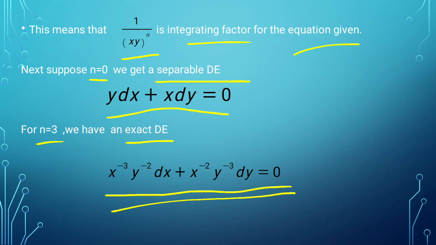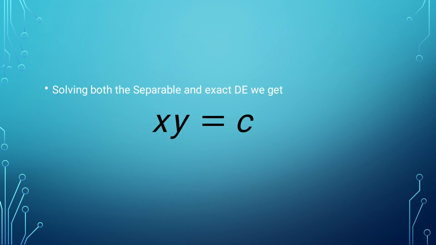We know how to solve exact differential equations from the previous tutorial. If you have a question again on that, you can leave a comment there, and I'll be able to guide you on how we solve exact differential equations.